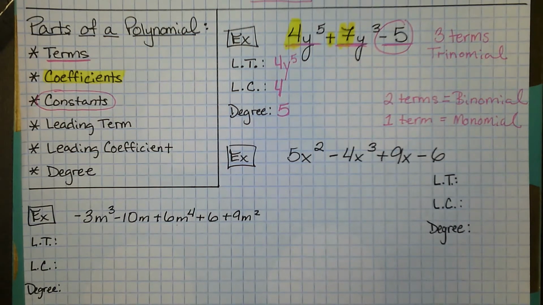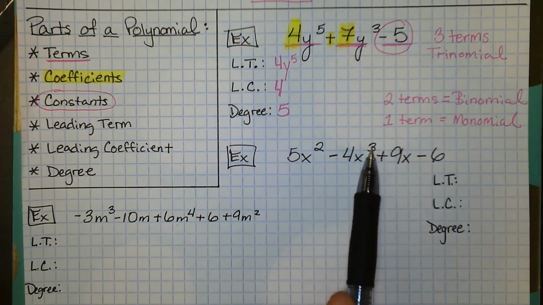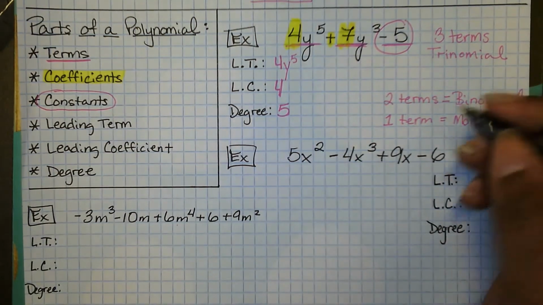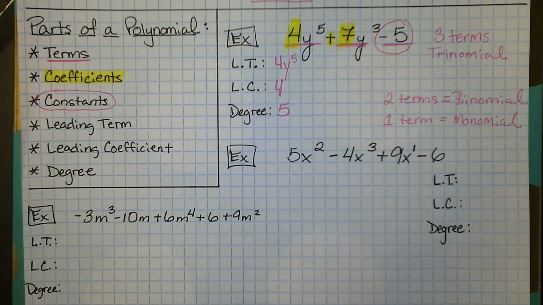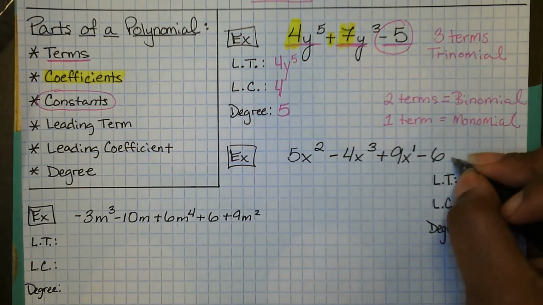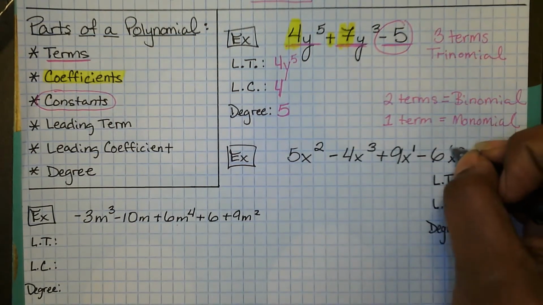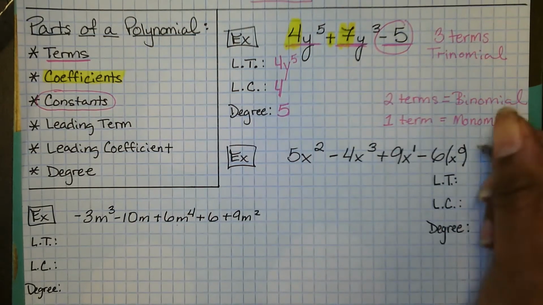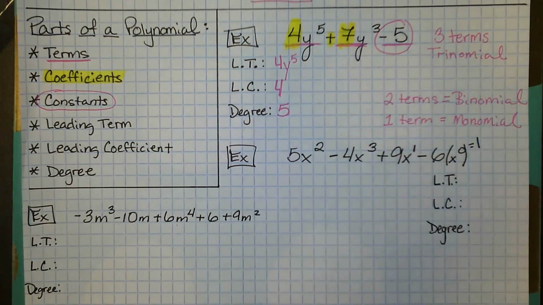Looking for the term that has the highest exponent, this one has an exponent of 2. This one has an exponent of 3. If you just see an x or just a letter, the exponent is 1. And constants technically have an exponent of 0. The reason why is because anything raised to the 0 power is equal to 1.